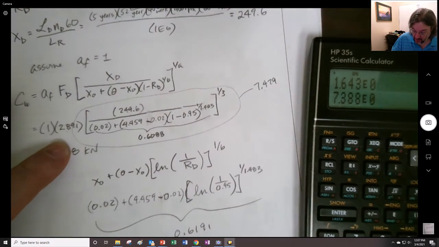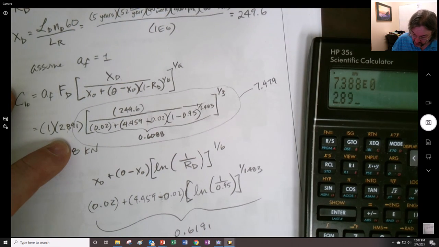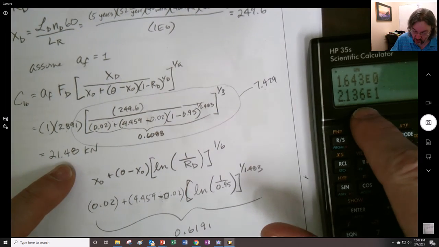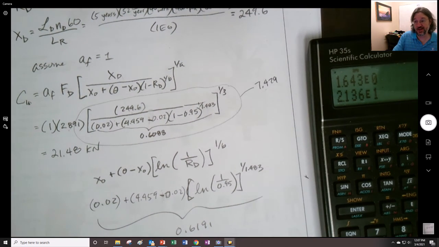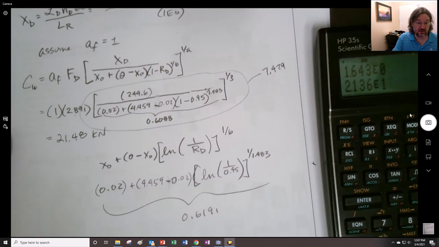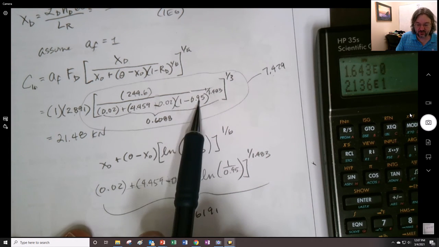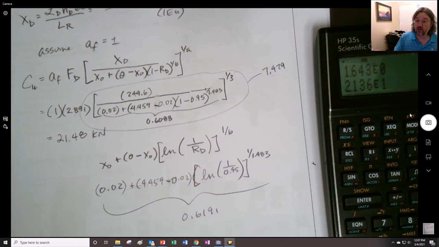Then we multiply it by the 2.891, and we get 21.36. So there's not much of a difference there. So I almost think just use this one right here, because they're saying this one's not good if you have to go below 90% reliability. So there is a 20-minute video for this example.